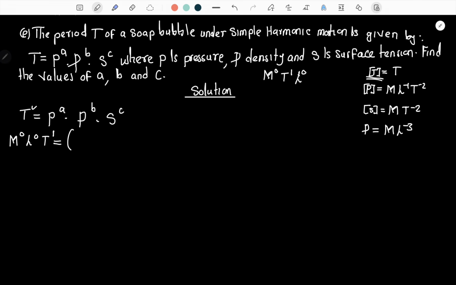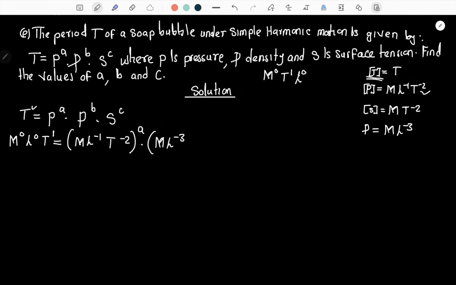Open bracket. We now put the dimensions of pressure. For pressure, in the MLT concept, we already have it. It's going to be M L to the power negative 1, T to the power negative 2, then you put to the power A, multiplied by density. Density is simply M L to the power negative 3.